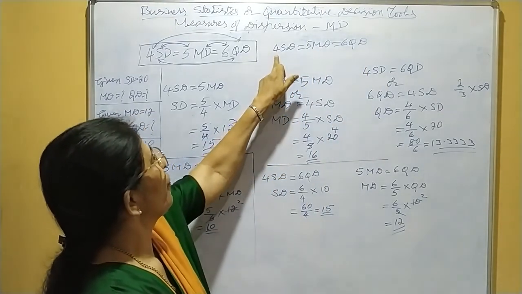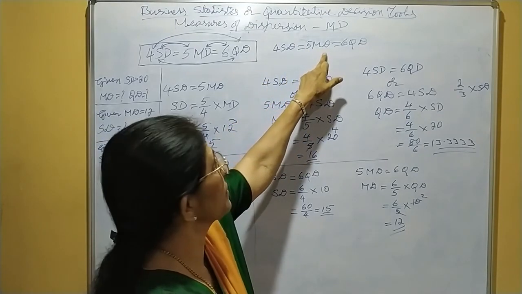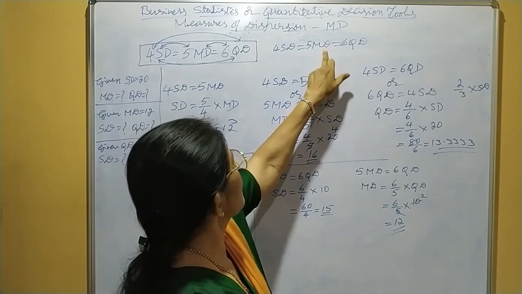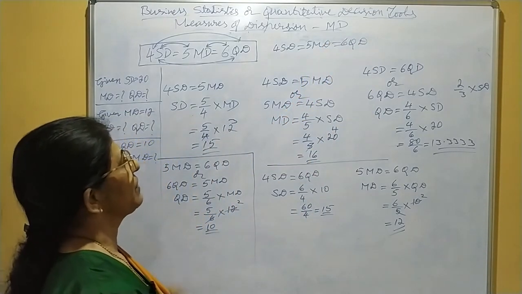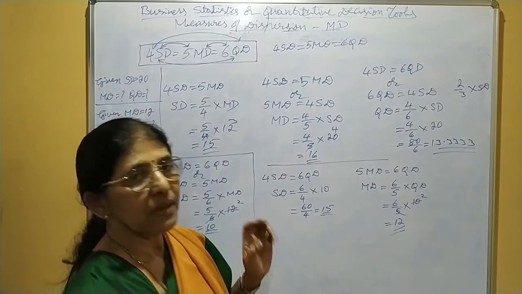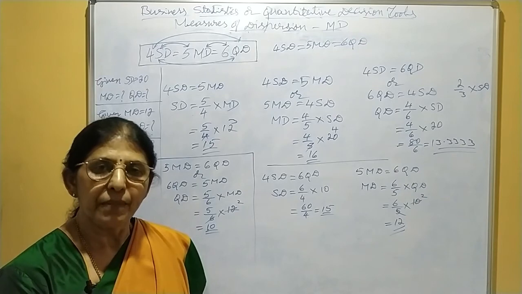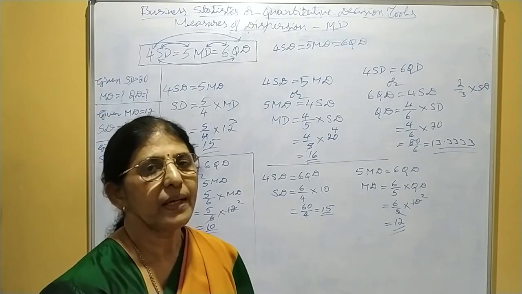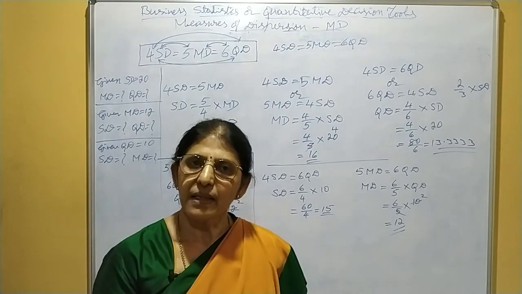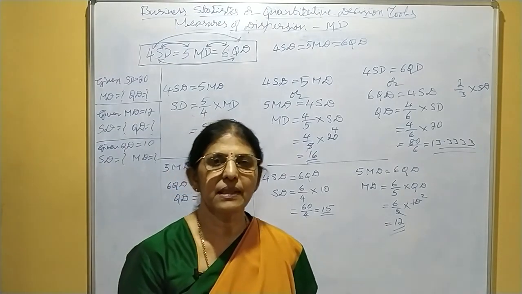That means 4 times SD is equal to 5 times mean deviation, and 5 times mean deviation is equal to 6 times quartile deviation. This is relating to methods of measuring dispersion. In the next video, I take correlation analysis. Thank you.